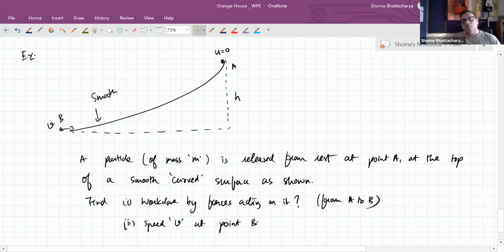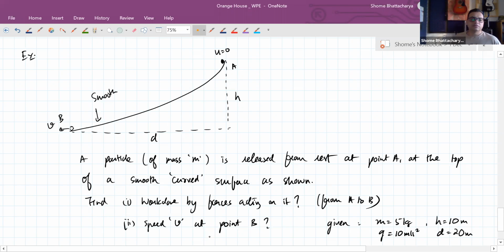at the point B. So for doing these parts, given the mass is 5 kilograms, g is equal to 10 meters per second square, and h is equal to say 10 meters, and d is equal to 20 meters.